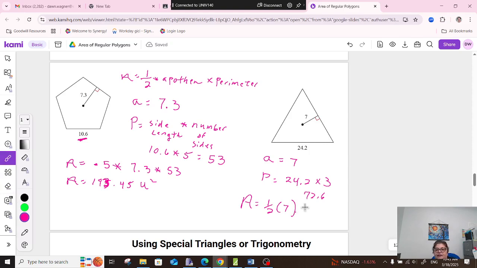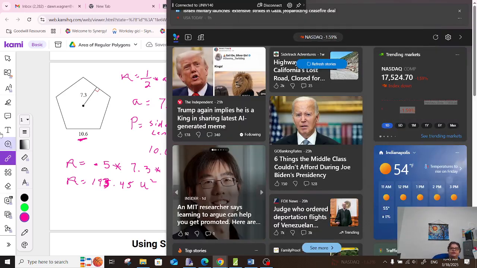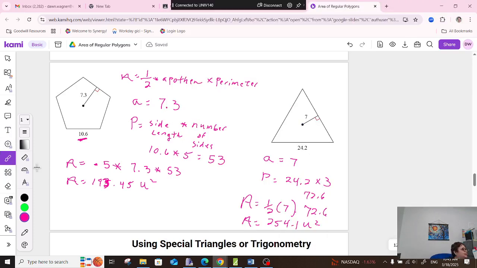And so area is equal to, what did I have there? 254.1 units squared. Okay, did everybody get 254.1 units squared?